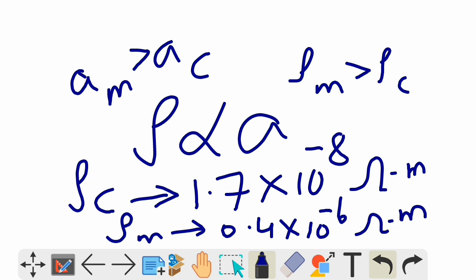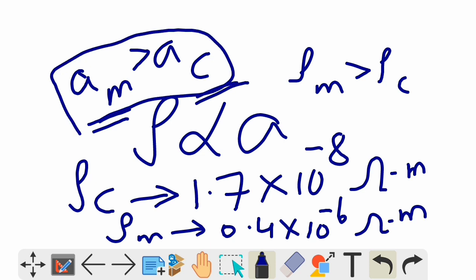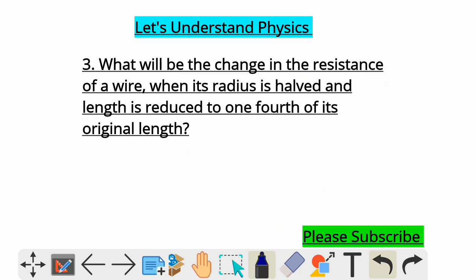That means the wire made up of manganin will have more thickness than the wire made up of copper. I hope everybody understood this. AM must be greater than AC in this case. Understood everyone? Now let's see the next question. Third one. What will be the change in the resistance of a wire when its radius is halved and length is reduced to 1/4 of its original length?